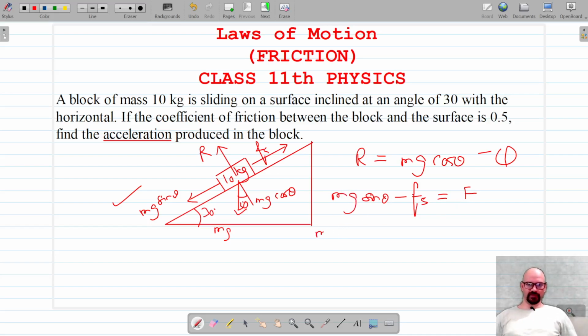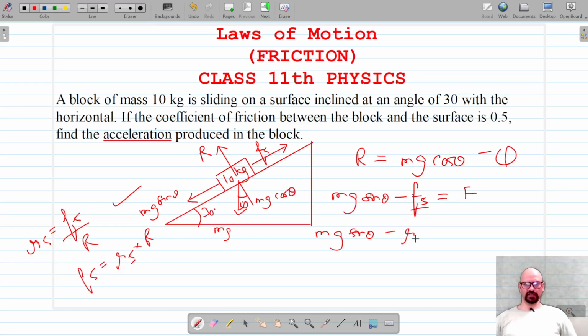Now, mg sine theta. For the force of friction, we know that the coefficient of friction is given by the force of friction divided by R, so the force of friction is coefficient of friction into R. So instead of this, we can write mu into R, and the force is mass into acceleration.